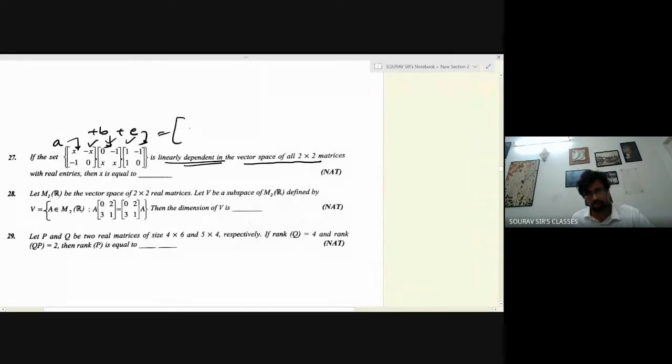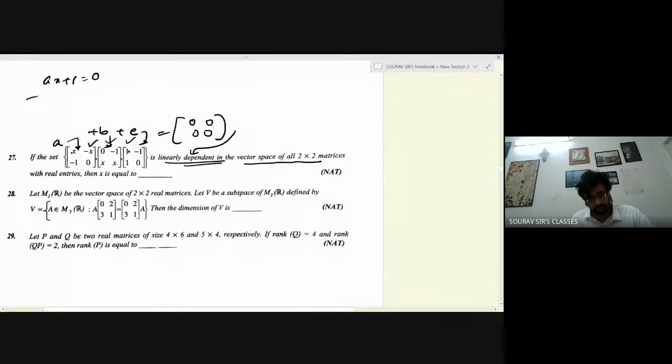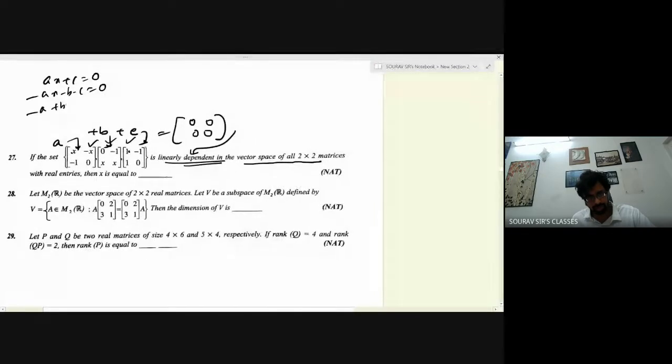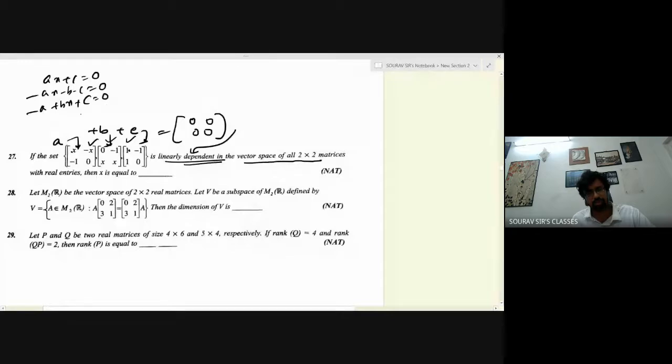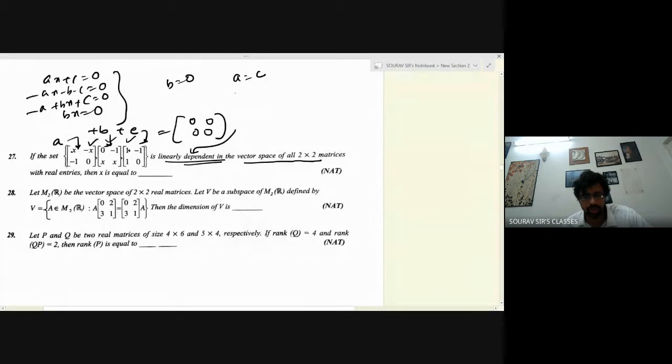And this is equal to, due to this reason, first AX plus C equal to 0. Then minus AX minus B minus C equal to 0. Minus A plus BX plus C equal to 0. And BX equal to 0. If you solve it from 1 and 2, we can very easily get B equal to 0 and A equal to C. Substituting, A(X plus 1) equal to 0.